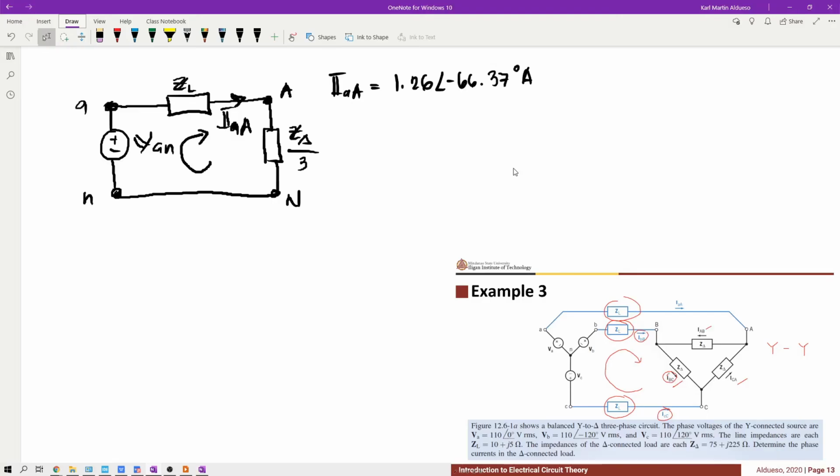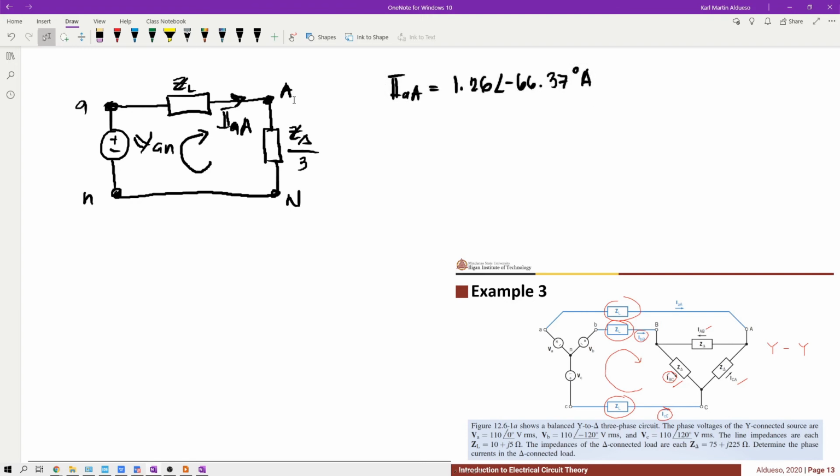Or another way to get the phase currents, we can use the phase voltage VAN right here. So this is the figure. This is the voltage right here, VAN.